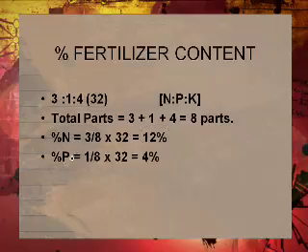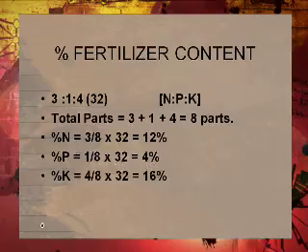If I want to get the percentage of phosphorus, it will be 1 over 8 total times 32, which is 4%. And if I want to get that of potassium, it will be 4 over 8 total parts multiplied by 32 equals 16%.